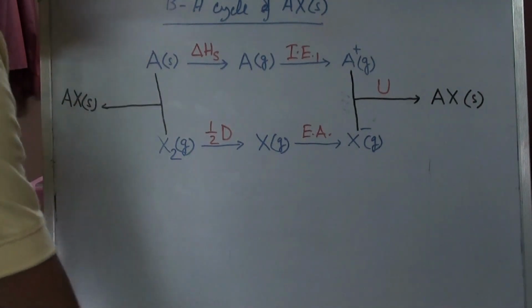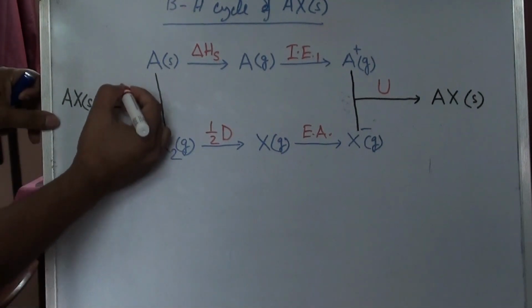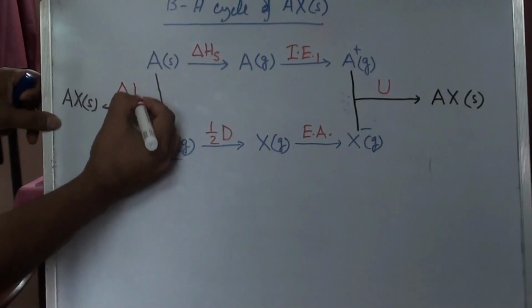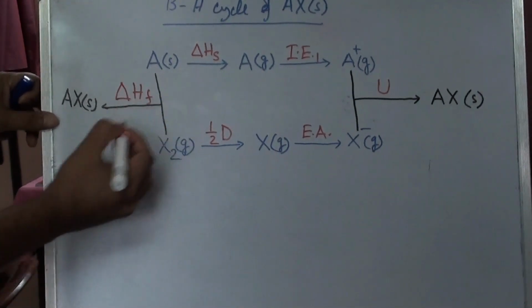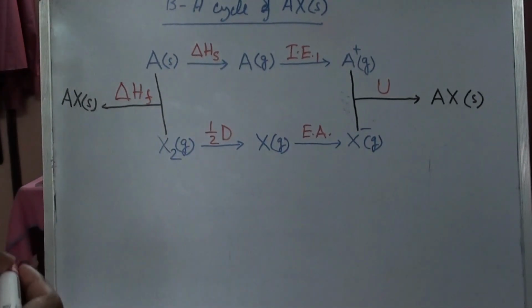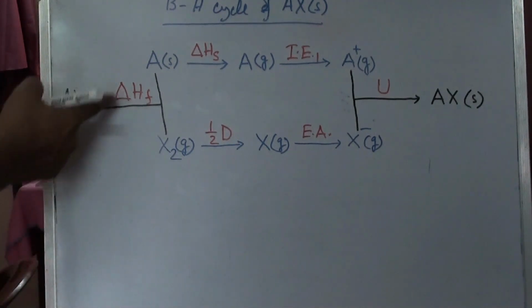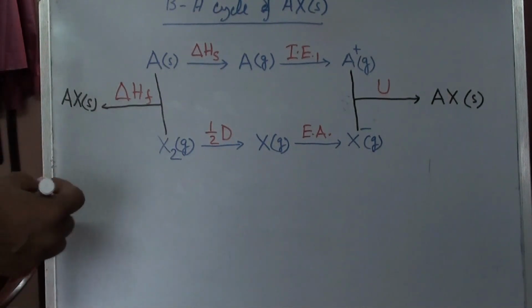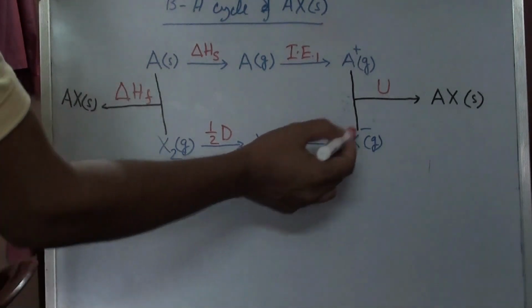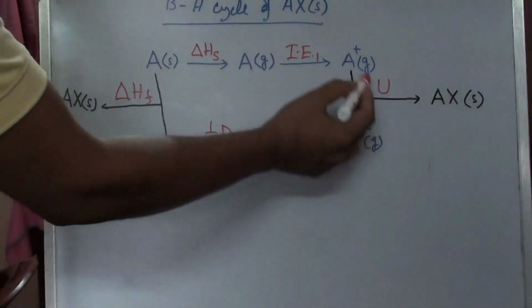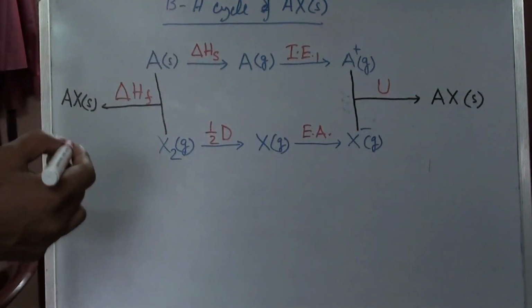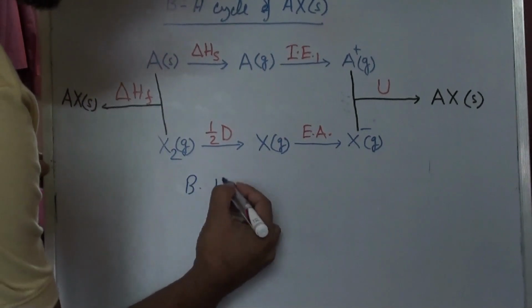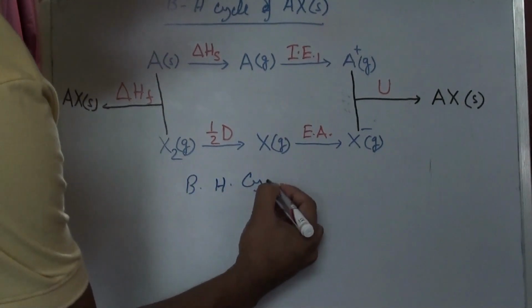In this process the energy involved is nothing but the formation energy of AX. Directly we can form A solid combined with X2 gas to produce AX solid. So we can see this is nothing but a cycle, and this cycle is called the Born-Haber cycle.